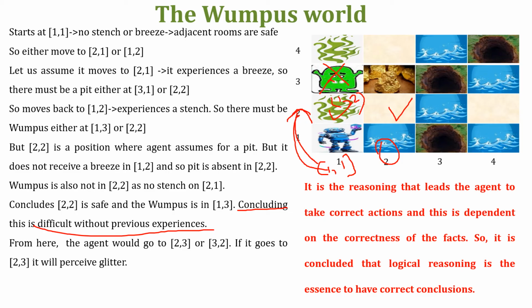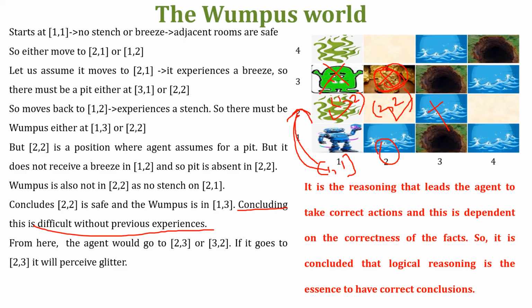From 2, 2, the agent will go either to 2, 3 or 3, 2, either here or here. If it goes to 2, 3, it will perceive glitter, and it indicates the availability of the gold.